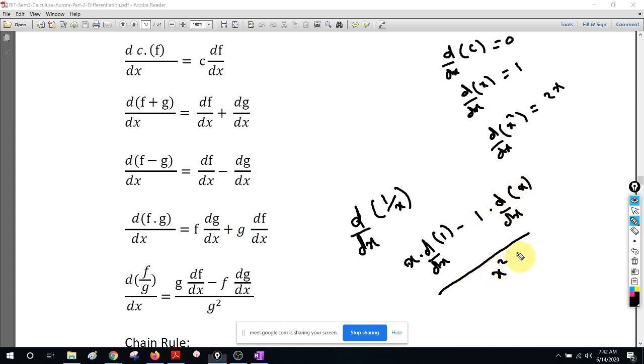Down is x, so x square. Now we know the derivative of a constant is 0, minus 1 times the derivative of x, which is 1, divided by x square. So 0 minus 1 is minus 1. So the answer is minus 1 divided by x square. So we got that the derivative of 1 over x is minus 1 over x square. You will find that later also.